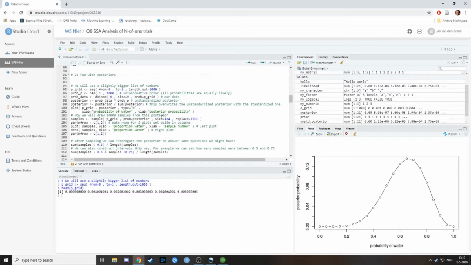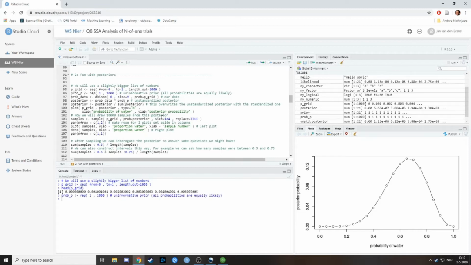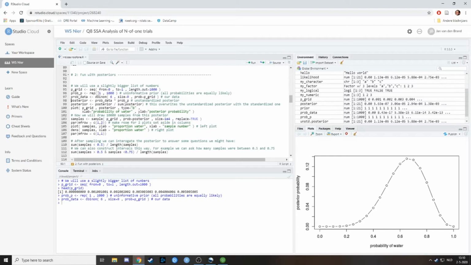Likewise, we input a non-informative prior, so there's 1,000 times we repeat the value of 1, meaning that each and every one of these prior probabilities is equally likely according to us. We have the same data, so 6 times water out of 9 tosses over a bigger grid.